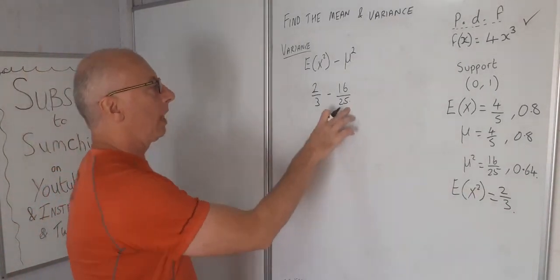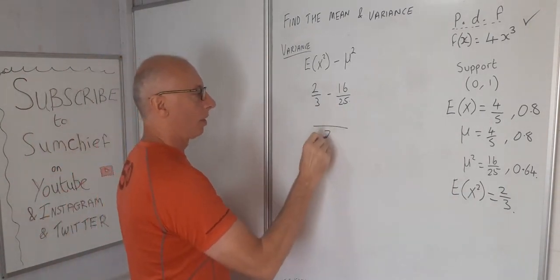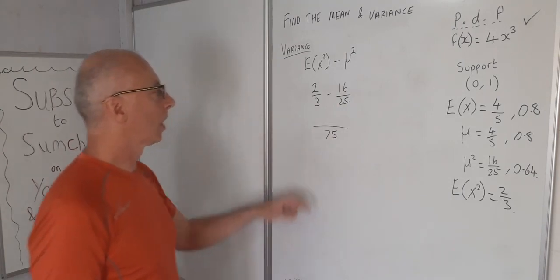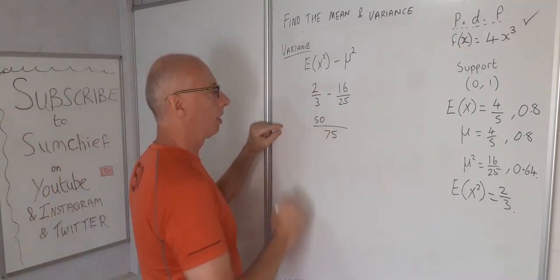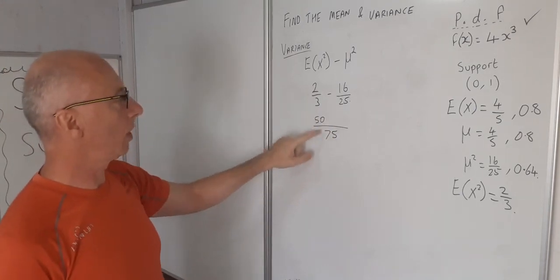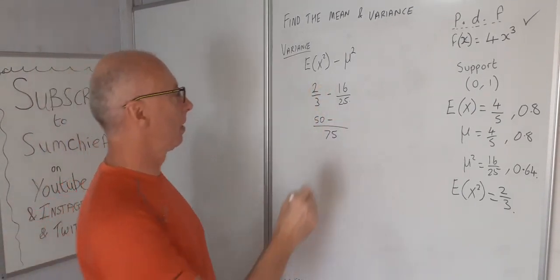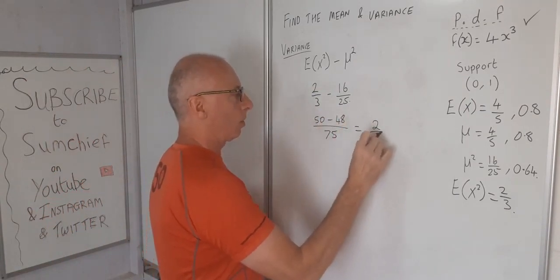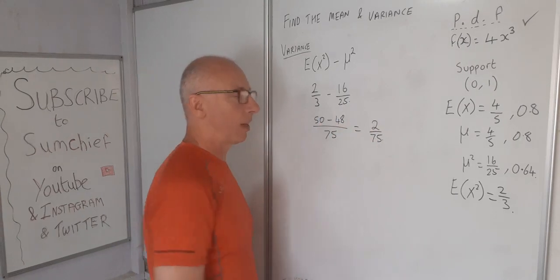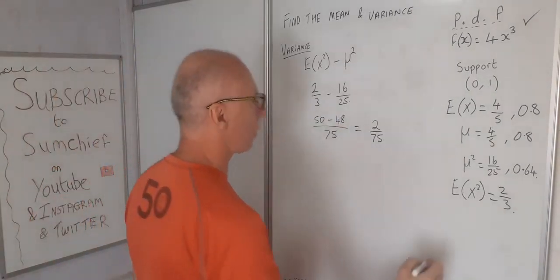So let's get common denominators on the bottom. So 75 will go here. Multiply this by 25, we'll get 50. So now we've not changed the value, 50 over 75. And then multiply that by 3, so that's minus 48. So that's 2 over 75.